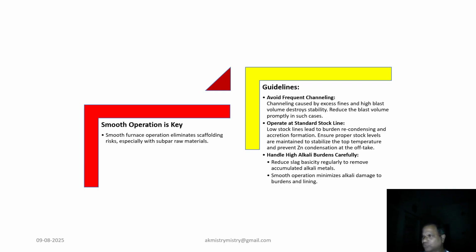Now coming to preventing water leakage, which is also very important. It's a critical measure. Water leakage into the furnace causes burden recondensation, directly leading to accretion. Here are the preventive measures. Damaged coolers should not be isolated completely.